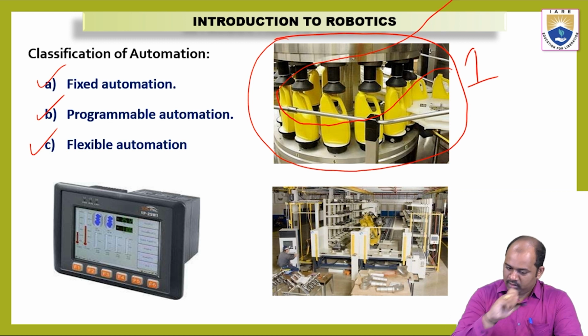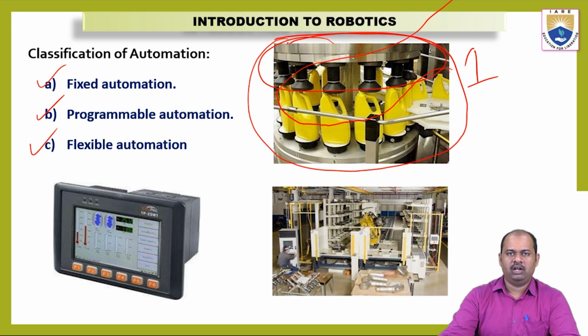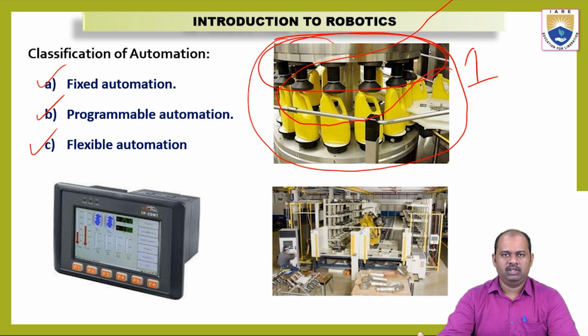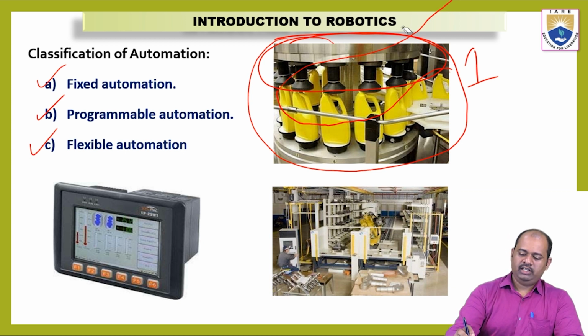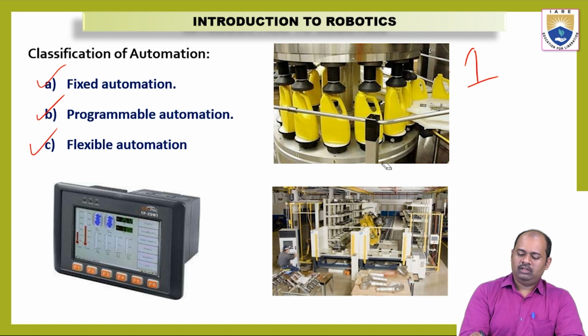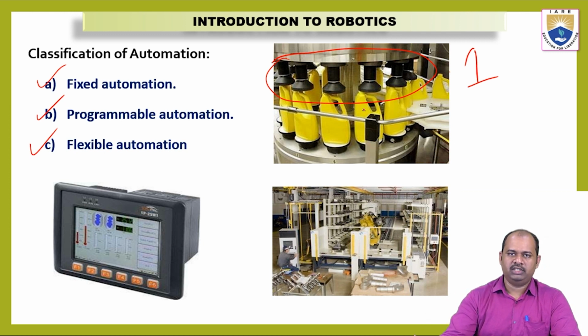Now we can see this machine is being controlled by an automated system. This automated system has only one function, one fixed function for its entire life. That is, this machine has to tighten the caps of all the bottles. There is no other function for this machine.